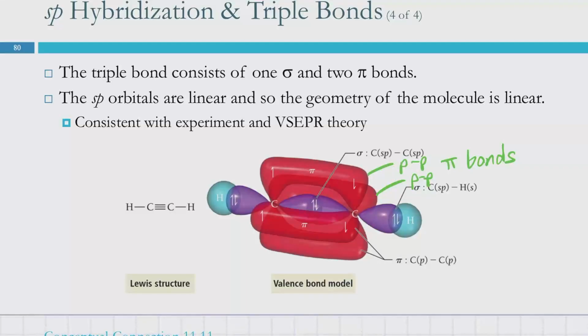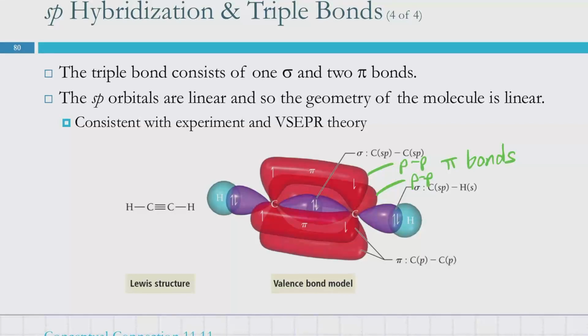Questions or confusions about that? Would anyone like to guess if we can rotate around this bond? Can we get rotation? No, definitely not, right? Because we've got the pi bonds and their sideways overlap.